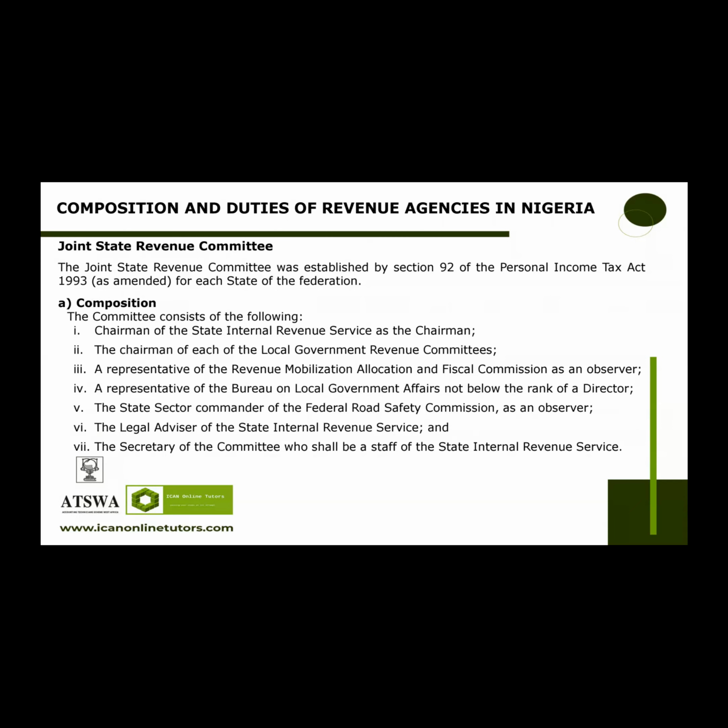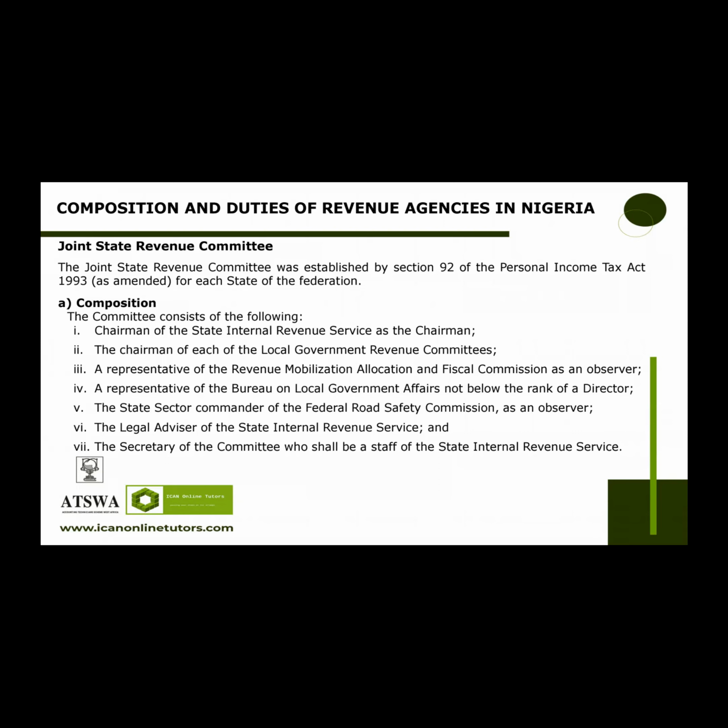And it consists of the following: chairman of the State Internal Revenue Service as the chairman of each of the local government revenue committees, a representative of the Revenue Mobilization, Allocation, and Fiscal Commission as an observer, a representative of the Bureau of Local Government Affairs, not below the rank of a director, the state sector commander of the Federal Road Safety Commission as an observer, the legal advisor of the State Internal Revenue Service, and the secretary of the committee, who shall be a staff of the Internal Revenue Service.